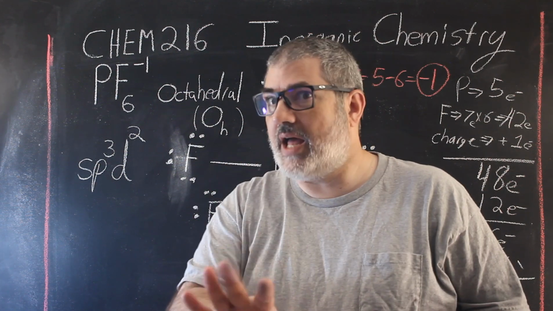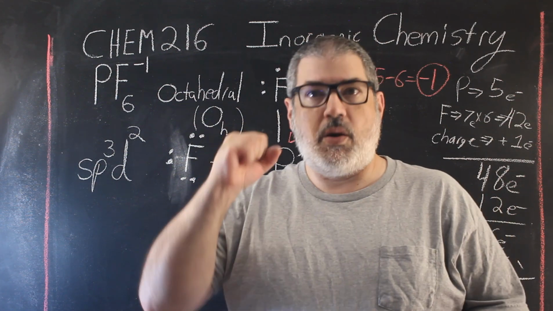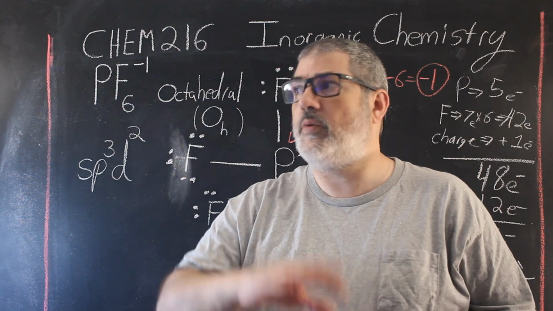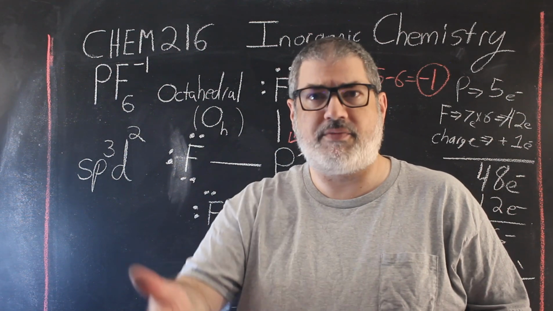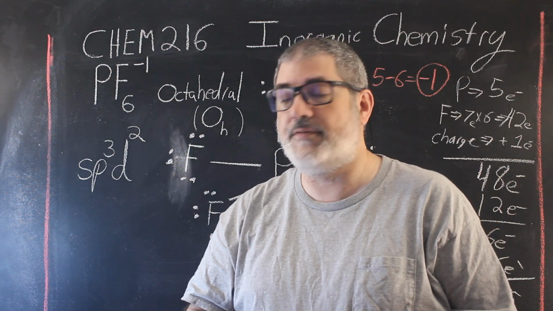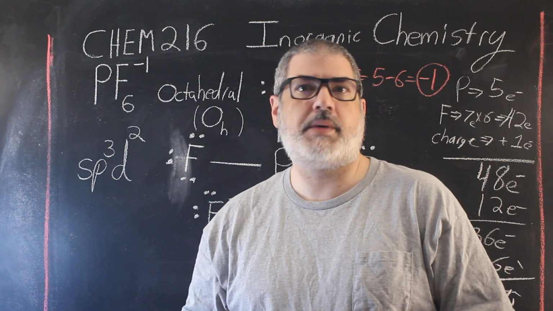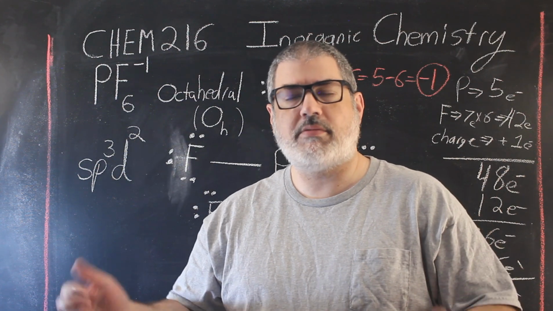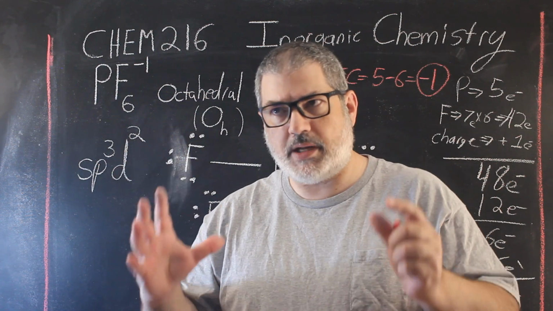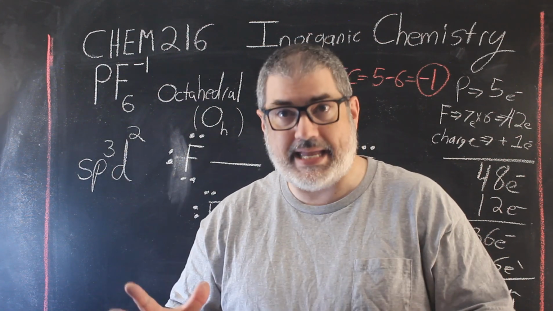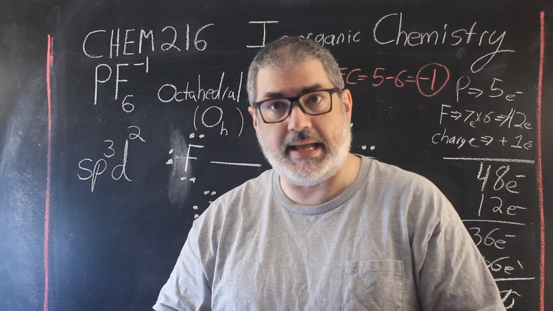But the reason I harp on that is because I want you to review valence bond theory, and I'll have some videos and talk about it briefly in class, because inherently in valence bond theory, you start looking at atomic orbitals as waves and how they combine as waves.